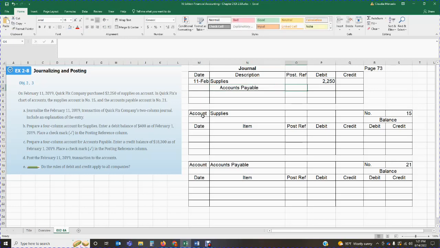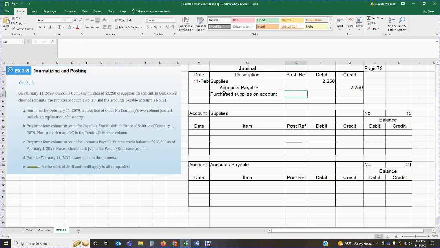So my accounts payable is going to increase. Liabilities increase with a credit. Remember, you must have a debit and a credit for each account, and they need to balance. So this is what happened. We purchased supplies on account. So that's one entry that we have to record.